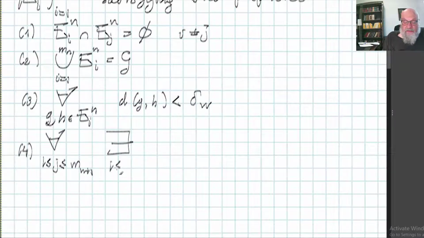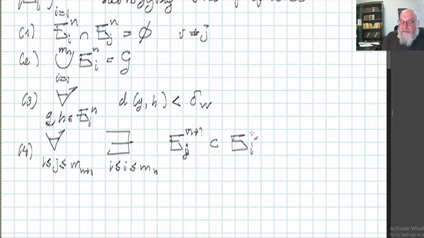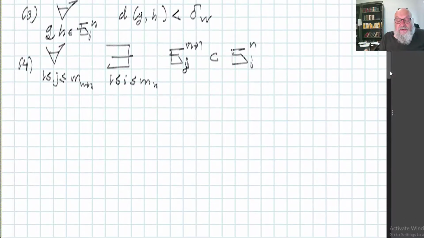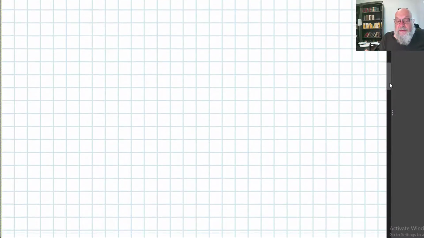This is where we use the induction: the following partition is a refinement of the previous partition, so E_j^{n+1} is contained in E_i^n.